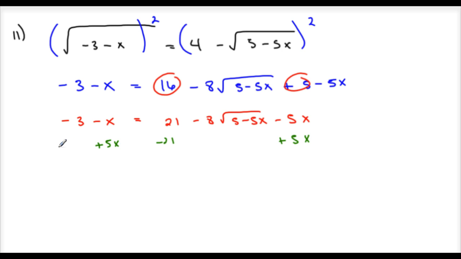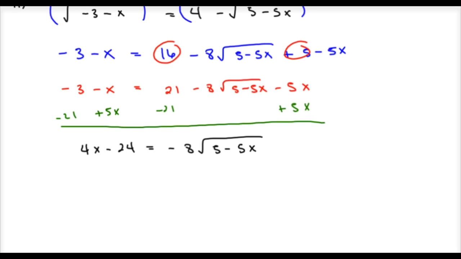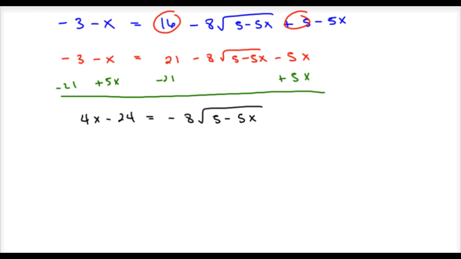So adding 5x here and subtracting 21 here. See here, negative x plus 5x, I'm going to say 4x minus 24 equals negative 8 radical 5 minus 5x. Once I'm at this point, I still want to get my radical by itself. I have no choice but to square this.